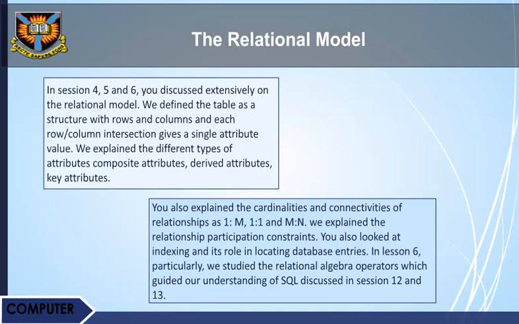We also explained the cardinalities and connectivities of relationships as 1-M, 1-1, and M-N. We explained the relationship participation constraints. We also looked at indexing and its role in locating database entries. In section 6, particularly, we studied the relational algebra operators which guided our understanding of SQL discussed in sections 12 and 13.